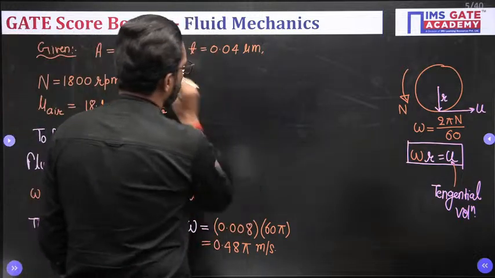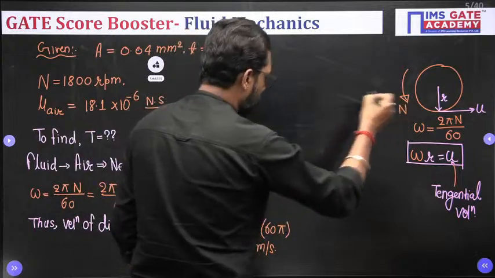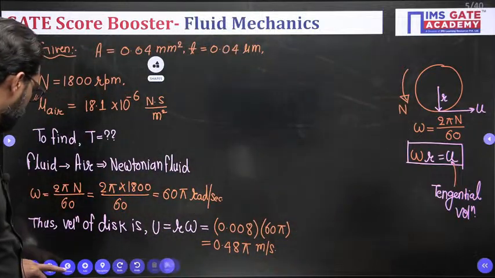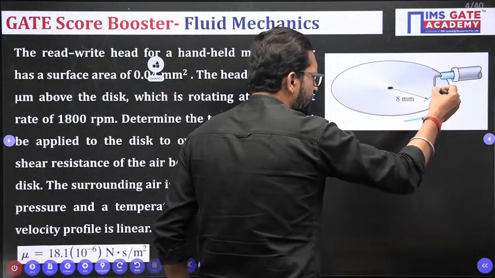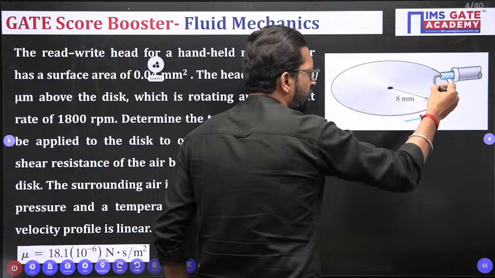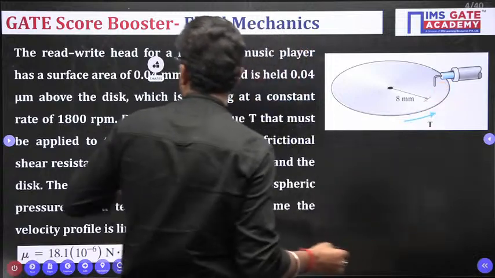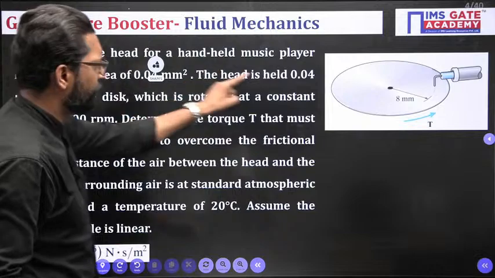Let's suppose this is your disk, and the lid surface area is given.